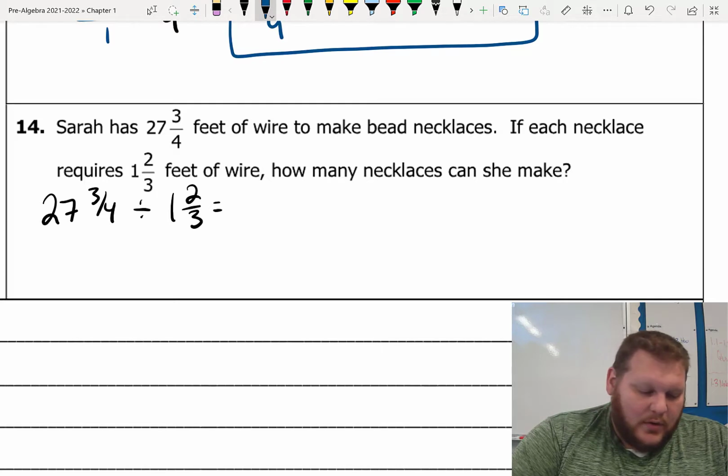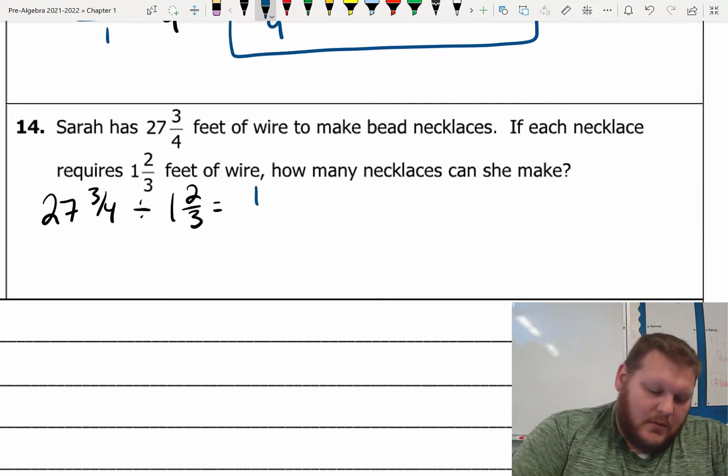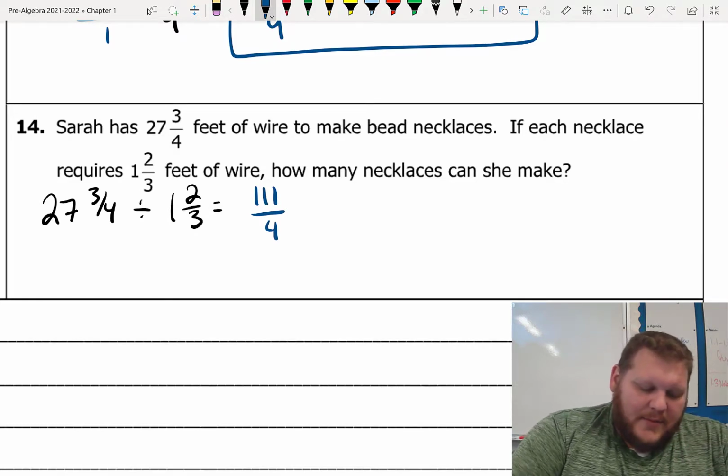27 times 4 is 108. Plus 3 would be 111. Use a calculator. You don't have to struggle like I did just now. And then 1 times 3 is 3, plus 2 is 5.